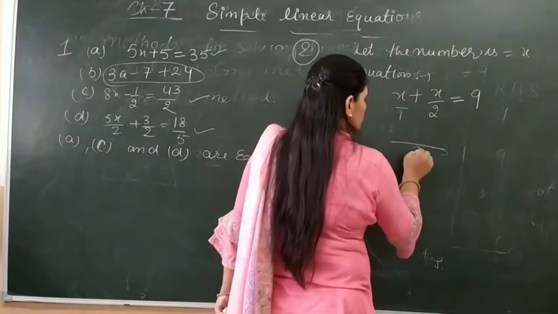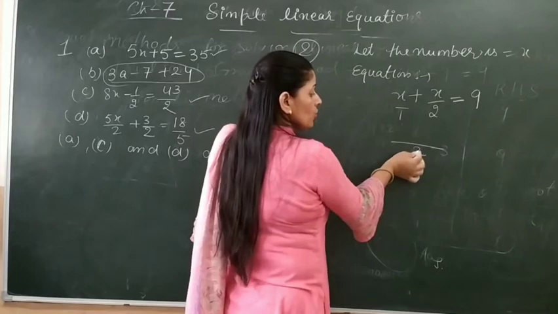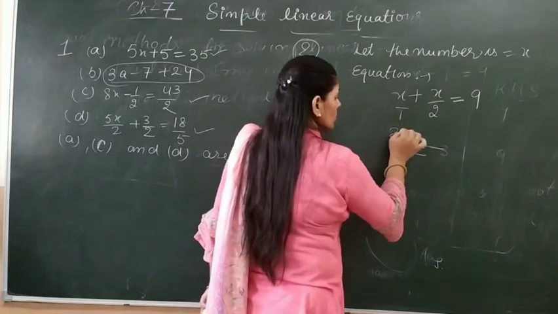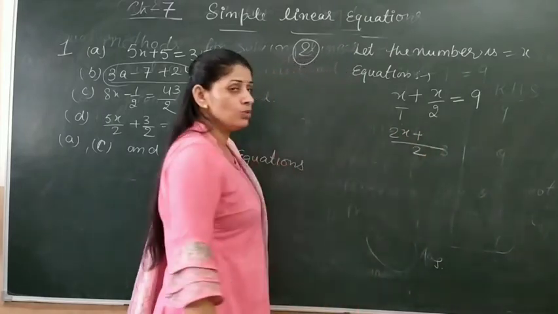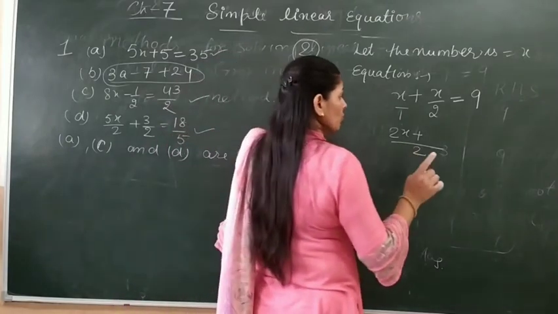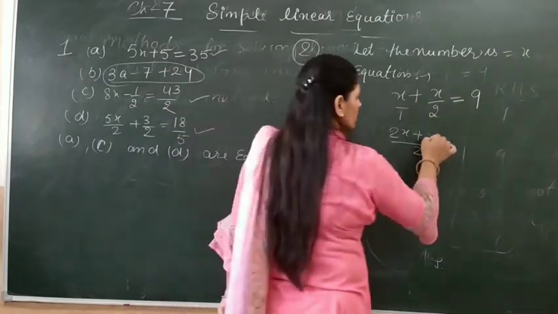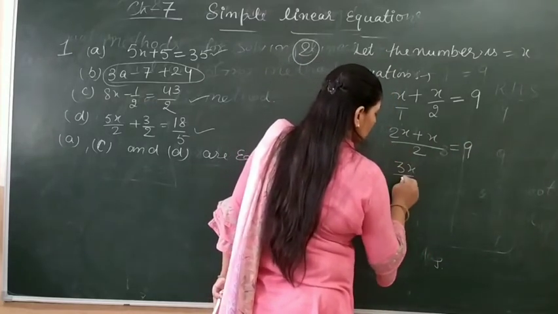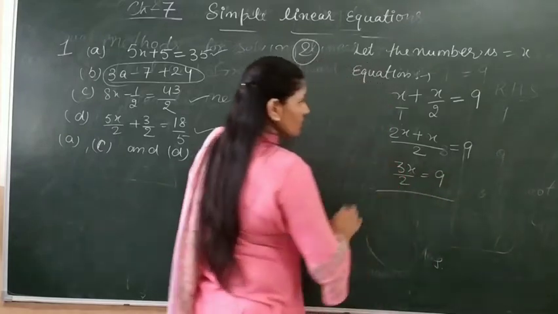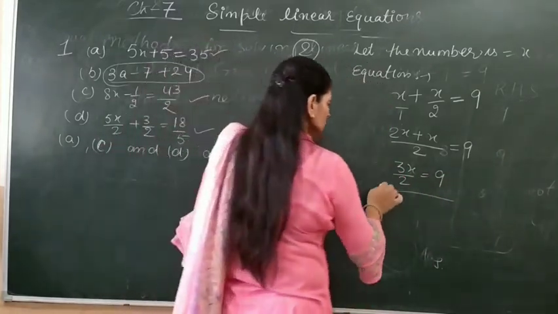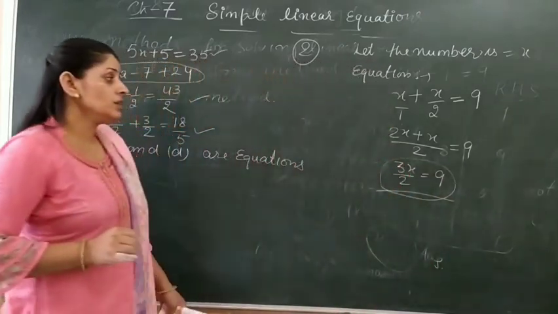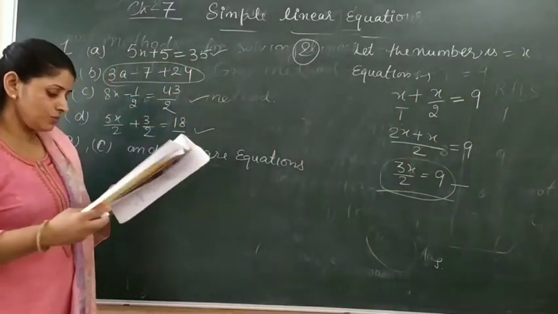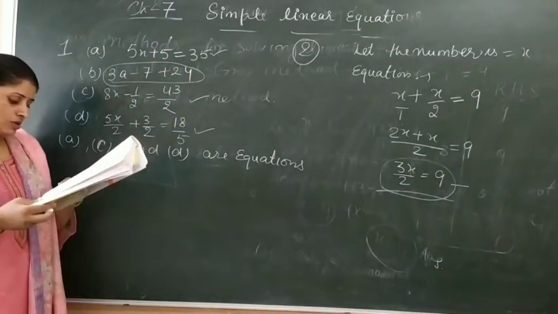Take the LCM. 2 1 2 2 and 2, then multiplied by the numerator into x is 2x plus 2 is divided by 2, that is 2 1 2 1 is multiplied with x and we get x is equal to 9 and we get 3x by 2 is equal to 9. In this way we can express the linear equation. This is your linear equation. In this way we can express the given statement in the form of equation.